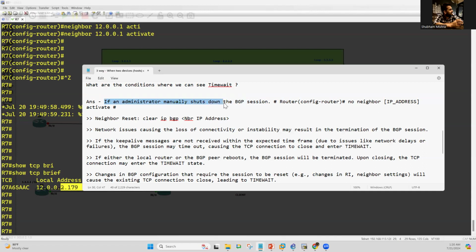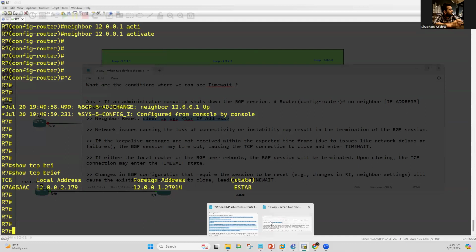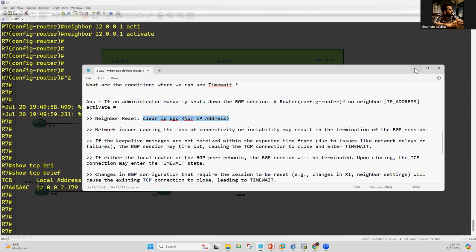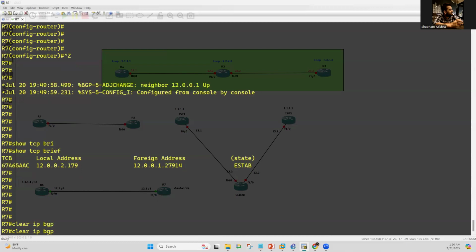When the administrator manually shuts down the BGP session, this is the command to shut down the BGP session. Clear, everyone? Okay. When you reset the neighbor, what is the command? Clear ip bgp, and you have to write the neighbor IP address 12.0.0.1.